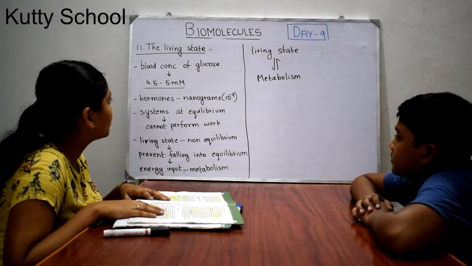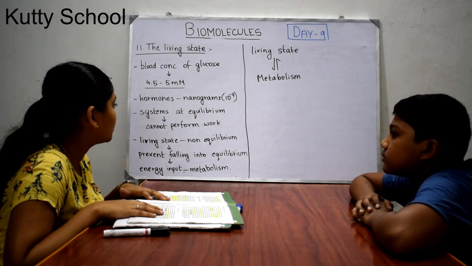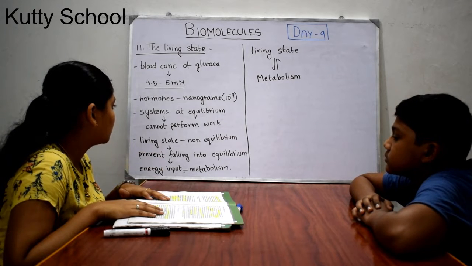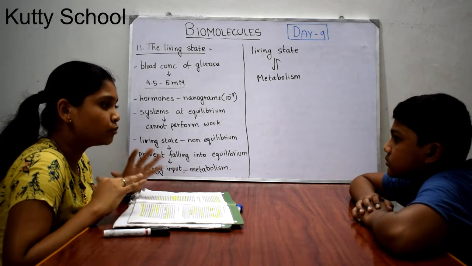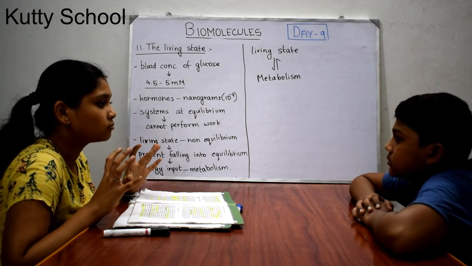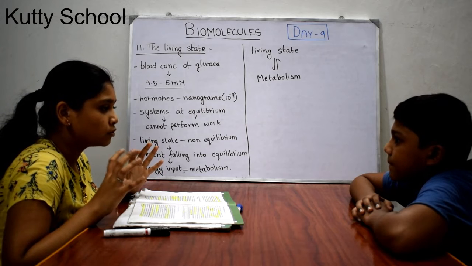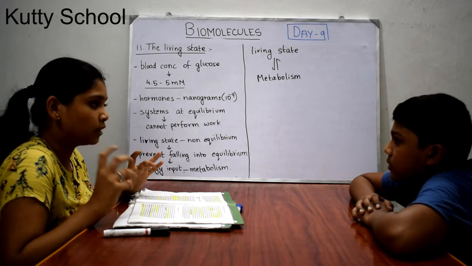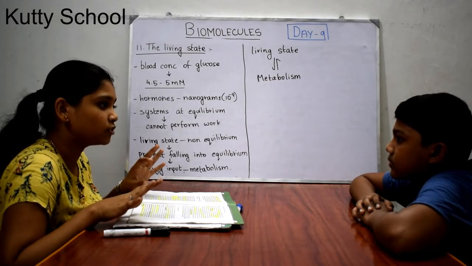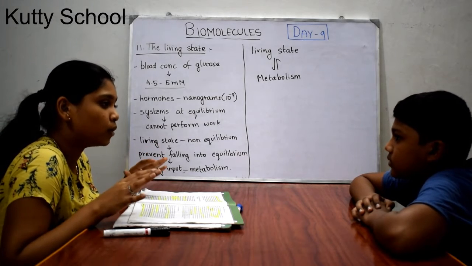So the living state is nothing but a system that is not in equilibrium. It continuously performs functions. In physics, if a system is at equilibrium, it does not perform any work.